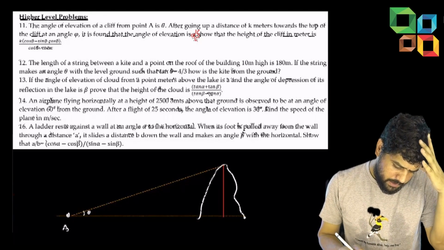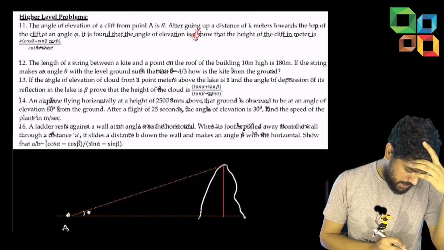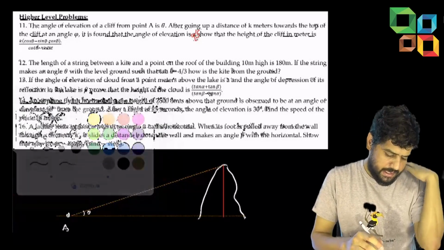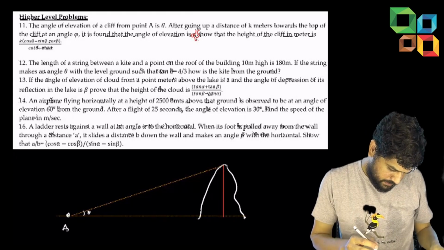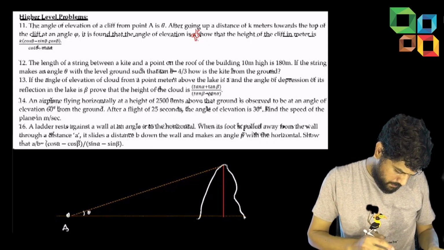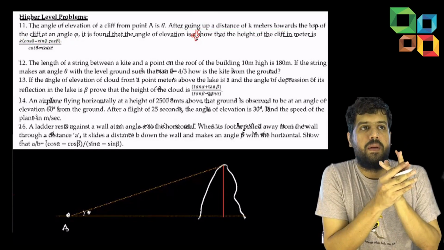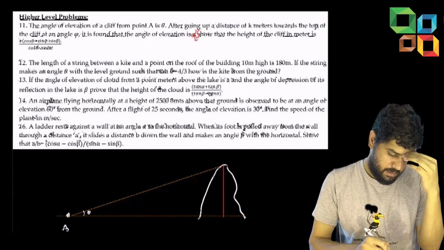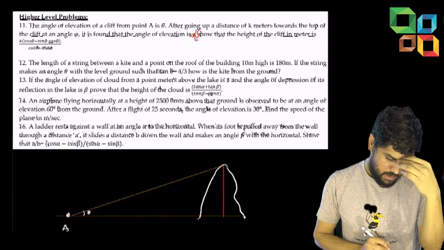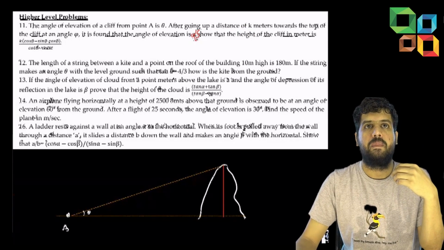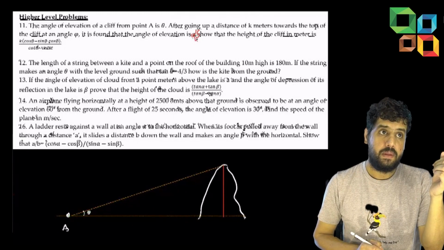Then after going up a distance of k meters towards the top at an angle phi. So what is happening here? What does the second sentence mean? After going up, can someone tell? At an angle alpha. Can you explain what this means? You're going up a distance k meters from A, but it is at an angle. Okay, you're not going straight. You're going now at an angle.